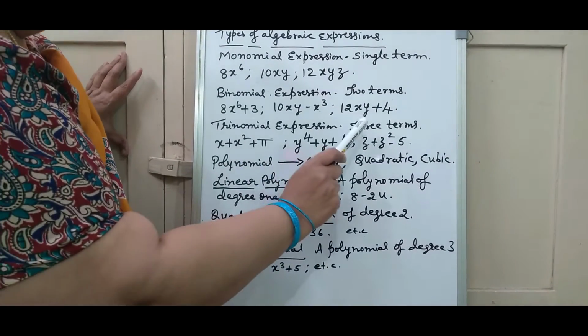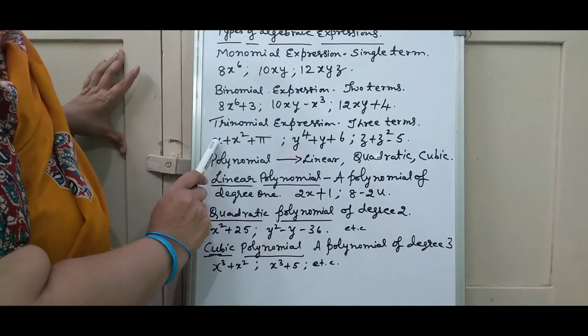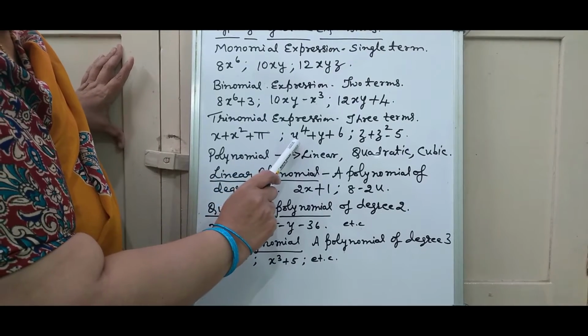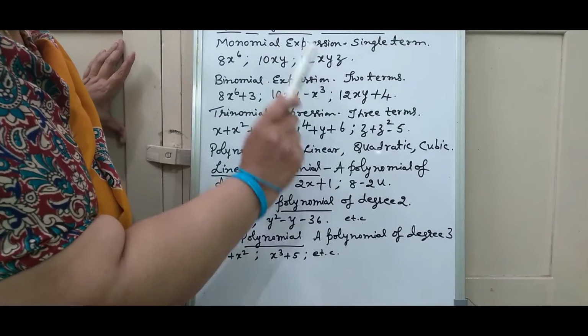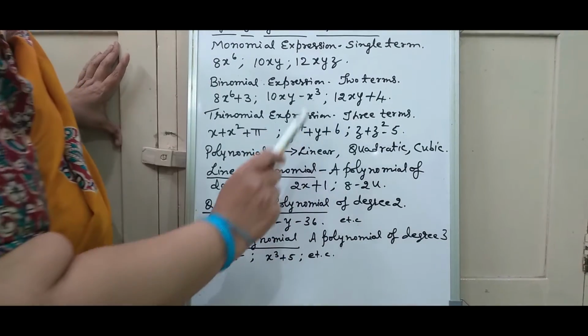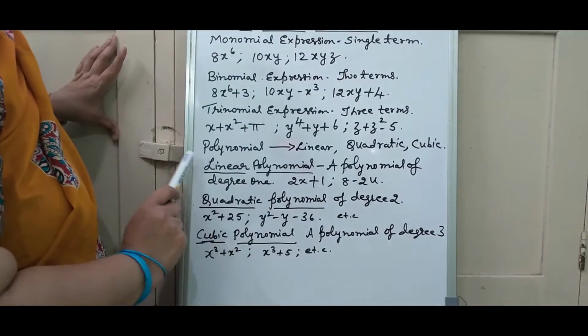Tri means 3, so 3 terms will be there in these expressions. x plus x square plus 5, y to the power of 4 plus y plus 6, z plus z square minus 5 can be given as examples for the trinomial expressions.